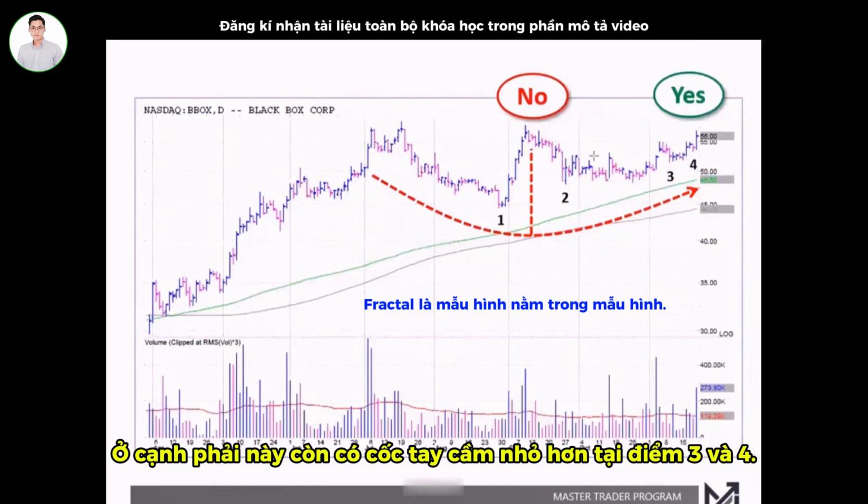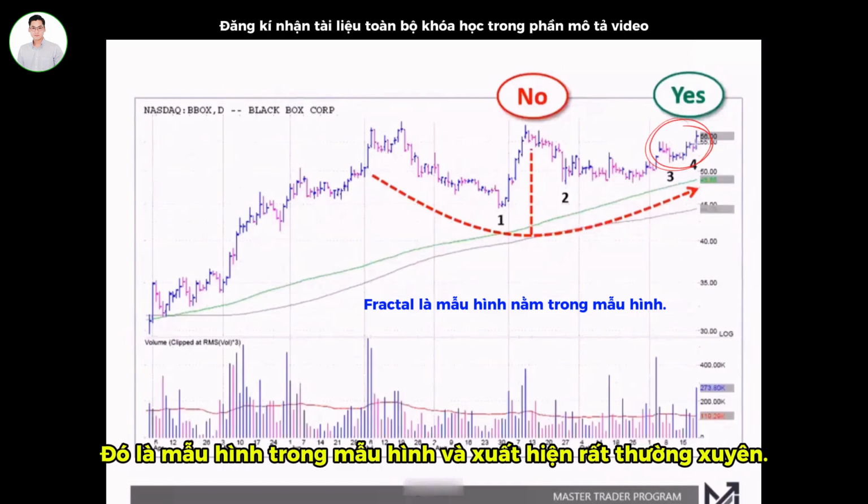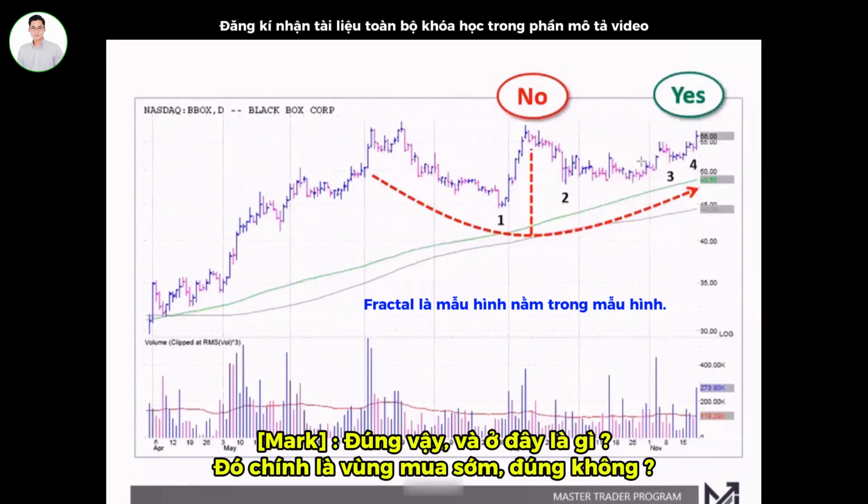On the right side here, it's really a cup and handle, but then you have another little cup and handle at points 3 and 4. So it's really a pattern within a pattern, and that seems to show up many times.